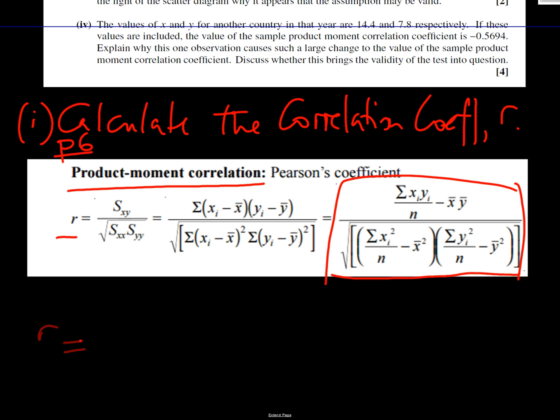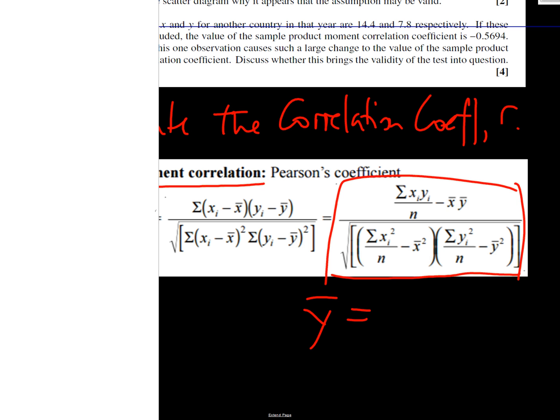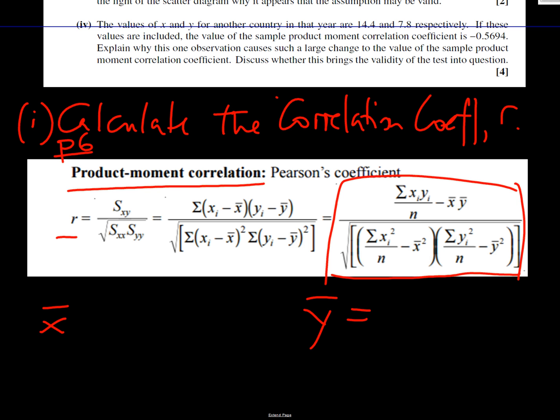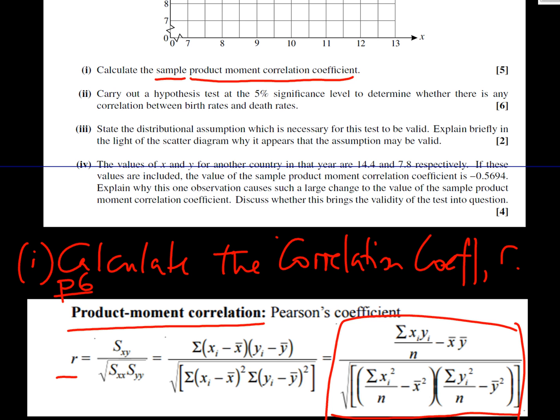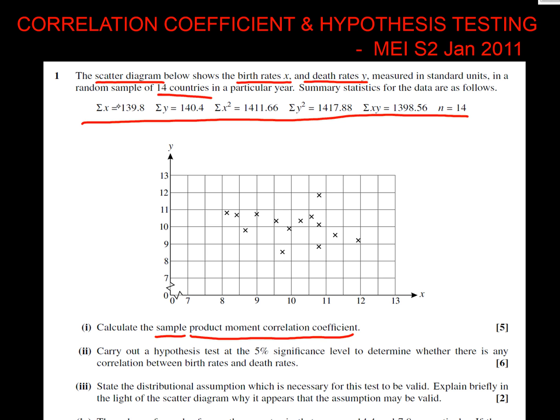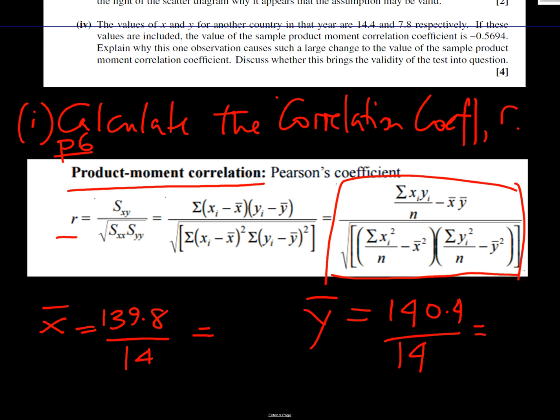Let's start off actually by finding our mean values, x bar and y bar, shall we? So looking at the top here, sum of x is 1389 and sum of y is 1404.